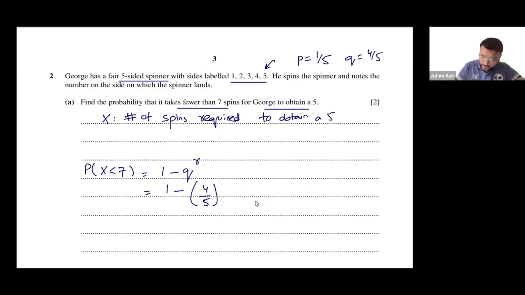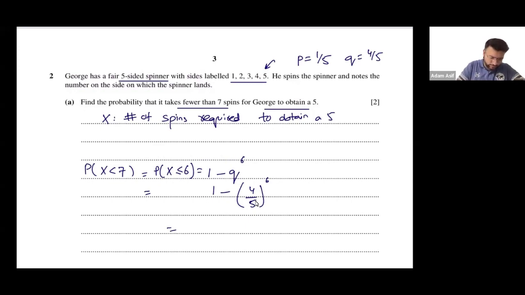See, probability of x less than 7 means probability of x less than or equal to 6. And that is 1 minus q to the power of 6. So 1 minus (4/5) to the power of 6, that is 0.738. Is that the working for the first part here?